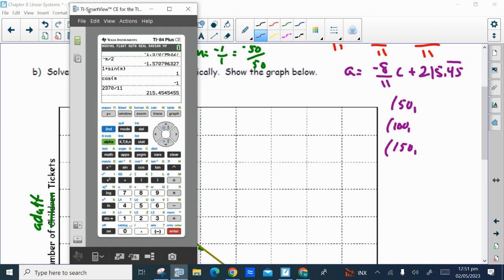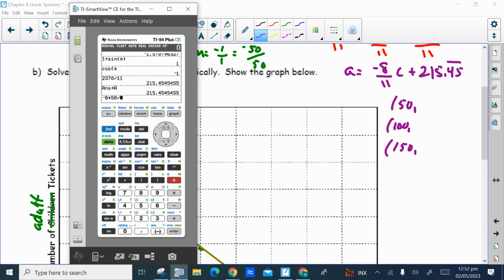Now, in this case, my y-intercept is a repeating decimal. So I'm going to store it into memory slot A, so I can grab it back every time I need it. For each C value, the equation says we need to multiply the C by negative 8 and divide by 11. So negative 8 times 50 is my first C value.